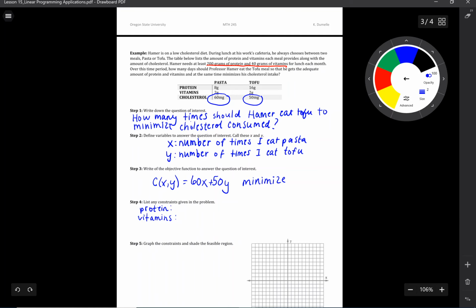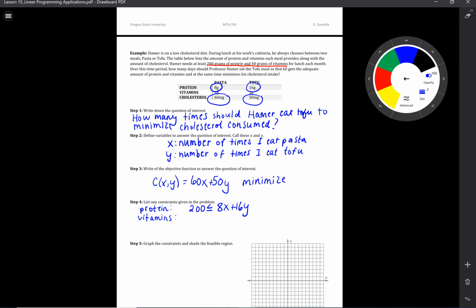So the amount of protein that I get has to be at least 200. And then the amount of protein I get is how many times I eat pasta. Well, pasta has 8 grams of protein, plus the number of times I eat tofu times the amount of protein that tofu has.